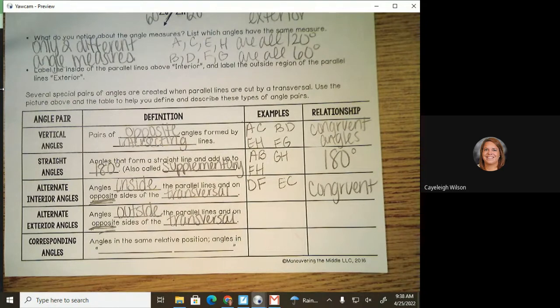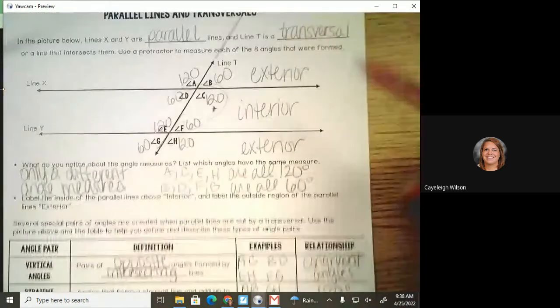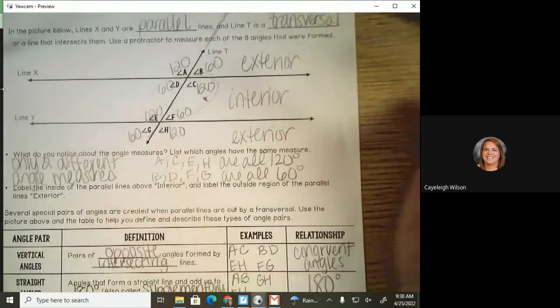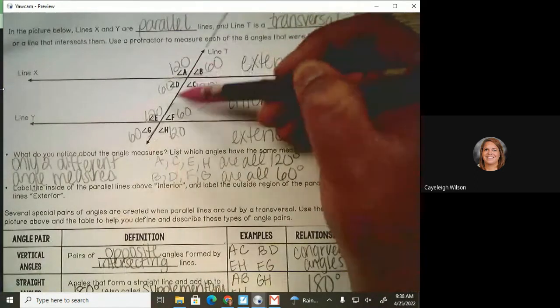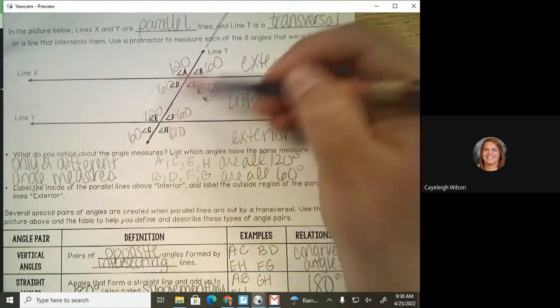So I've got to pick angles that are on the outsides of those parallel lines. All right, so I'll move my paper back down. Okay, so I'm looking just in here and down here. So it looks like A and H are on opposite exterior, so A and H.